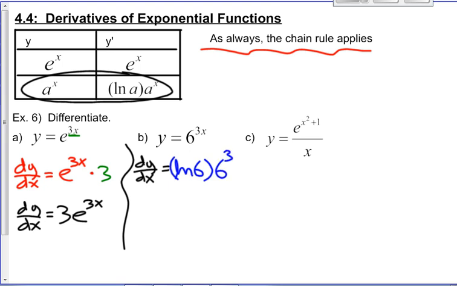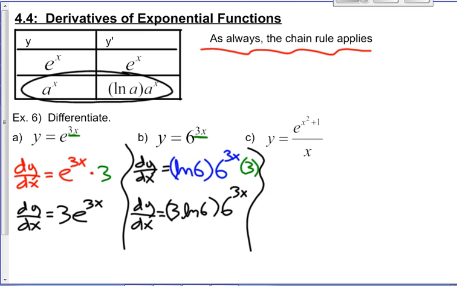Then 6 to the 3x. And then from the chain rule, you need the derivative of that 3x, which is 3. So by the time we're done, the derivative is 3 ln 6 times 6 to the power of 3x.